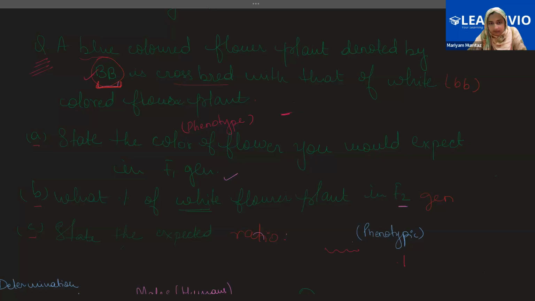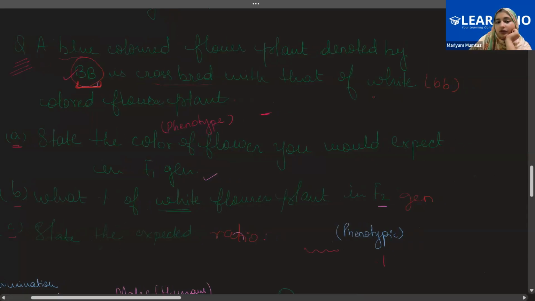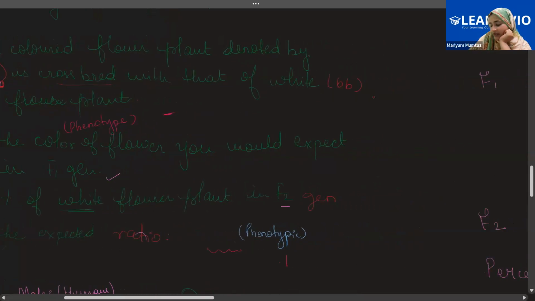For the F2 generation, am I doing selfing? What did you do in the first one? That is capital B, small b. I crossed it. I got all blue. So what is the genotype of the offspring that you got?